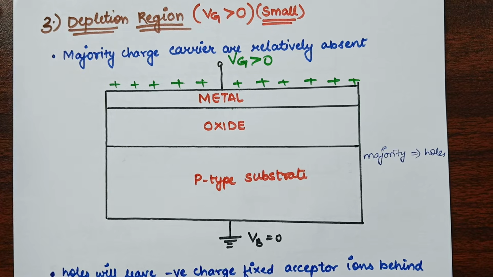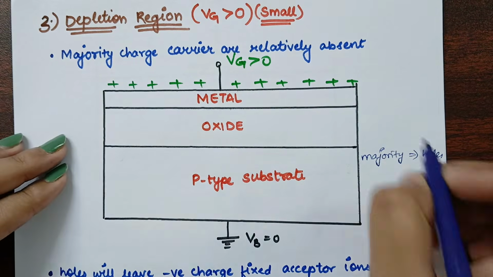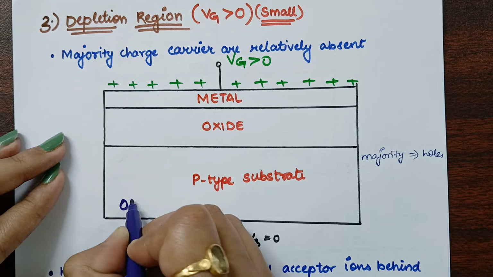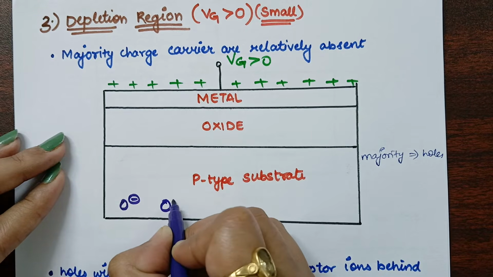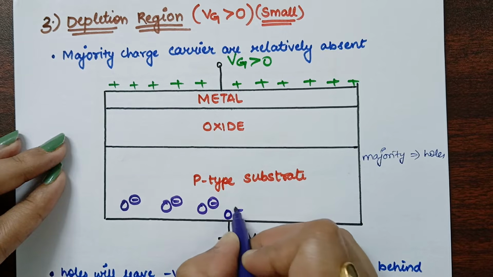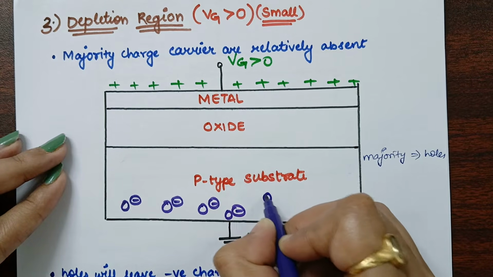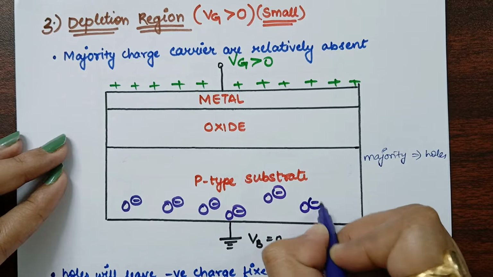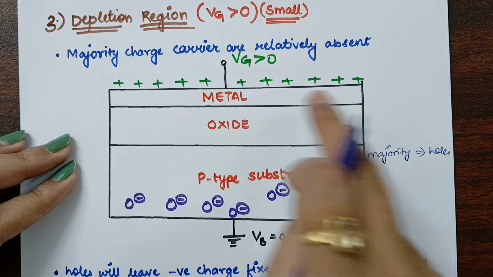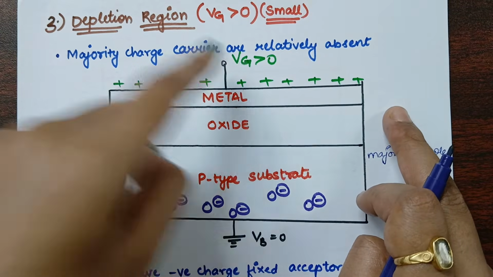Due to this positive charge, how are holes represented? You all know that holes are represented like this. So what will happen when this positive voltage is applied across the gate terminal?